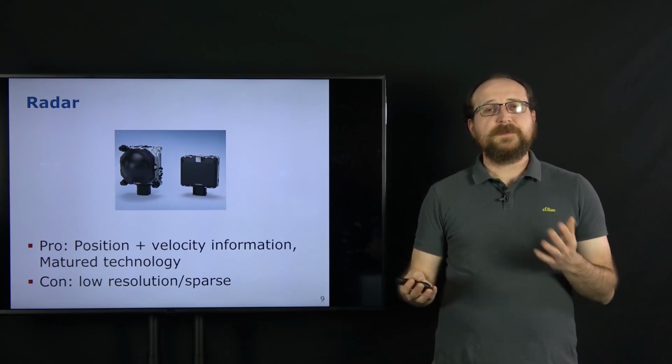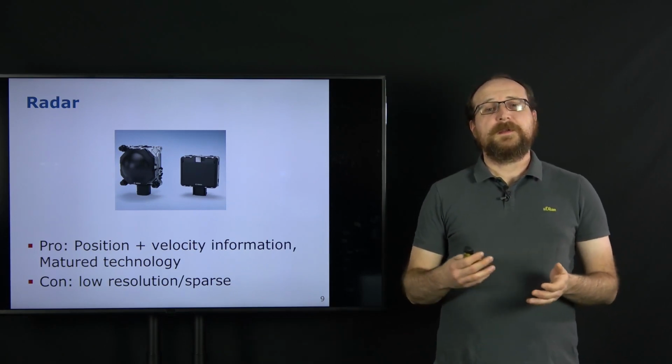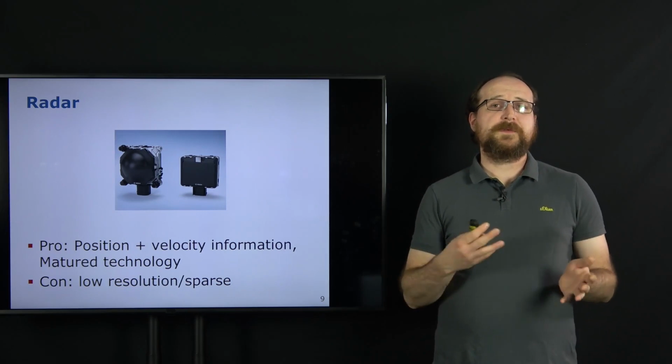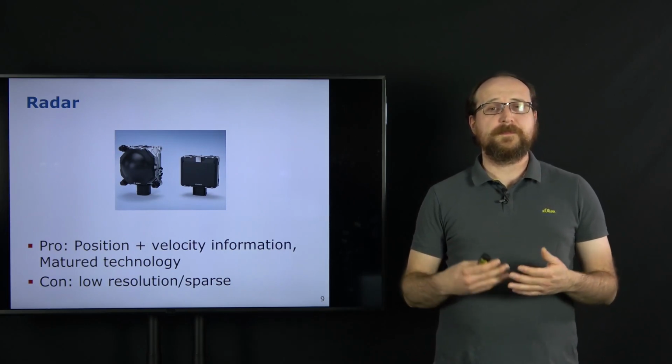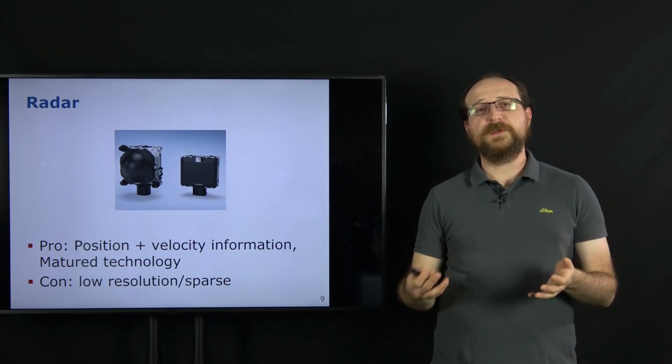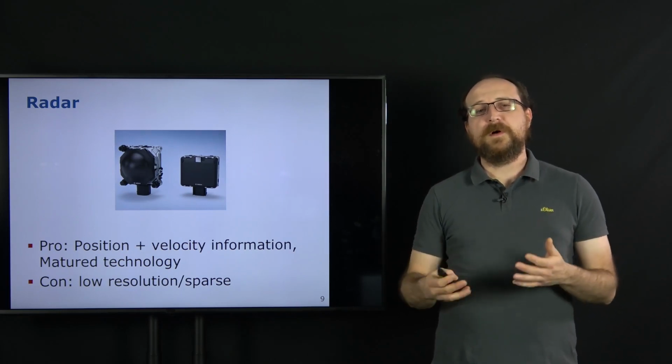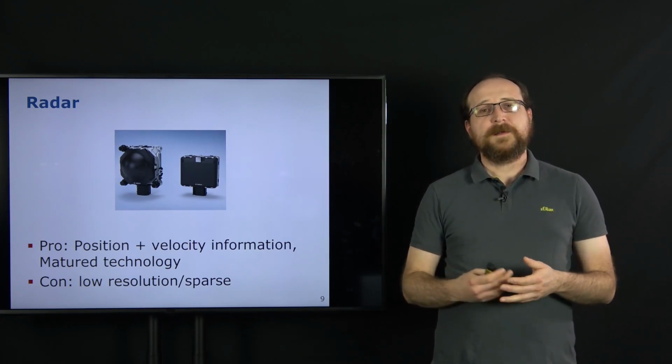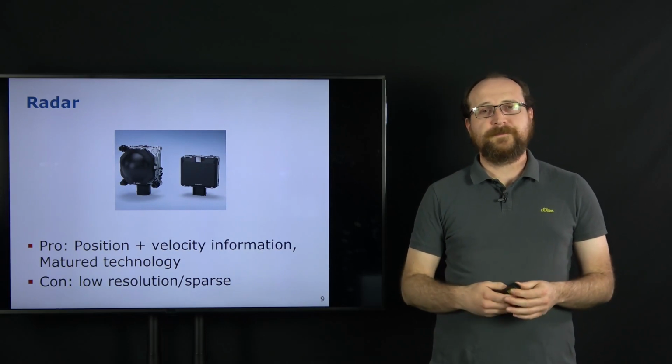The disadvantage of radars is that, compared to cameras but also LiDARs, they only provide an image that has a very low resolution and is very sparse. It is also sometimes a little bit noisy.